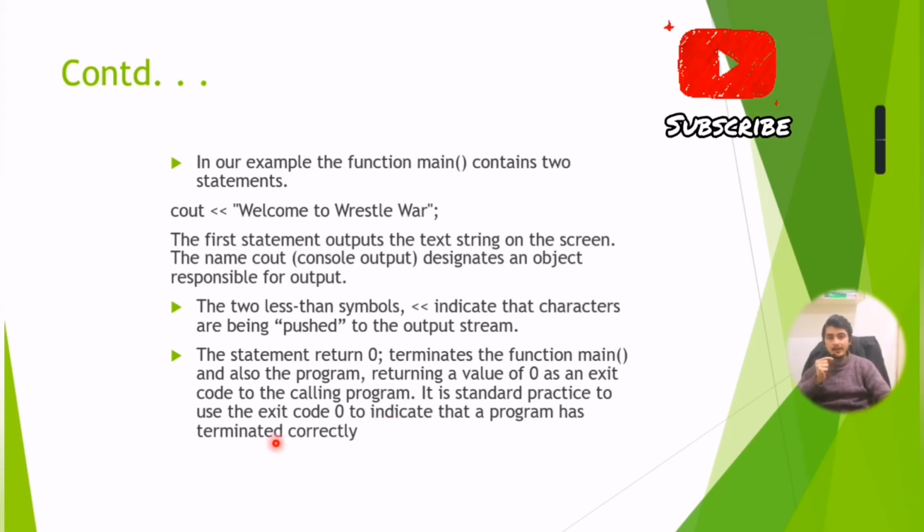As I have already told you in detail, we need to follow some standard protocols in order to execute a program, and the exit code 0 is the signal that your program has terminated correctly.